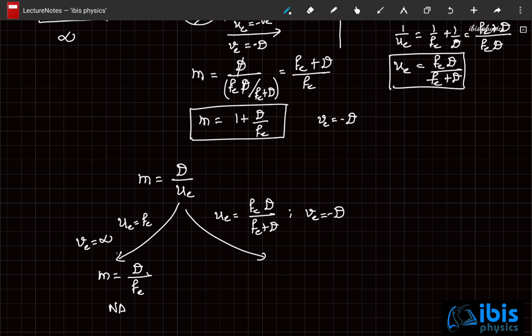This is called normal adjustment. When UE equals FE into D divided by FE plus D, the final image is formed at near point, V equals minus D. In this case, the magnification, as we worked out, is 1 plus D by FE.